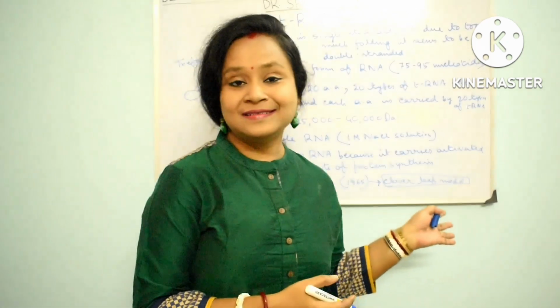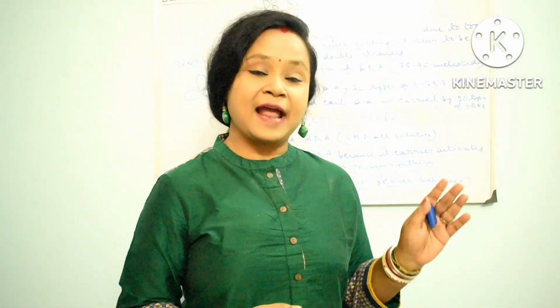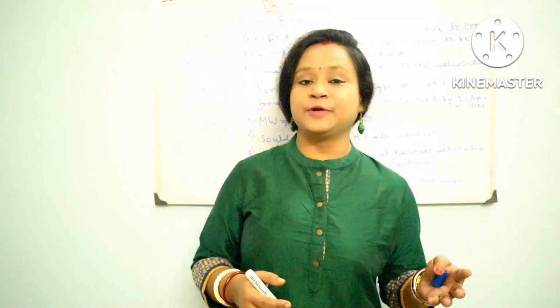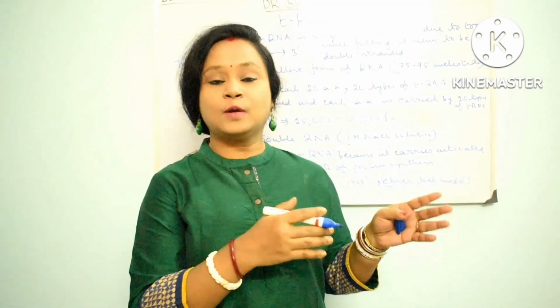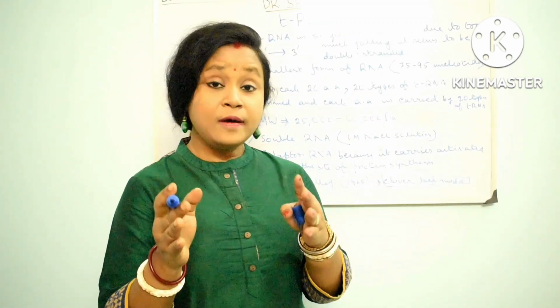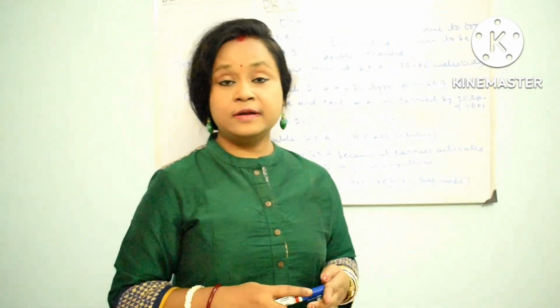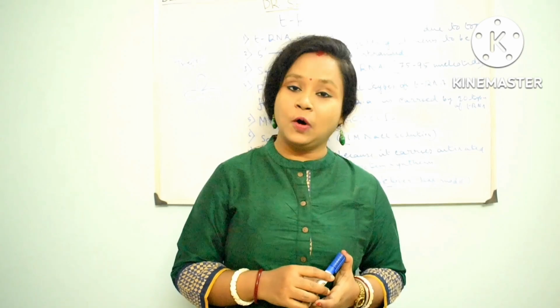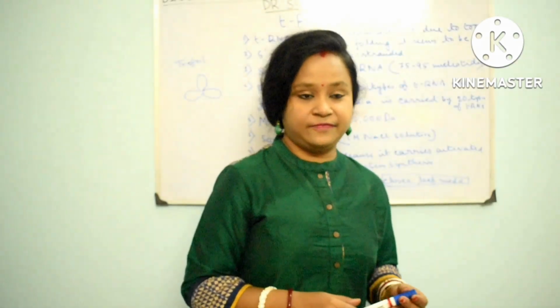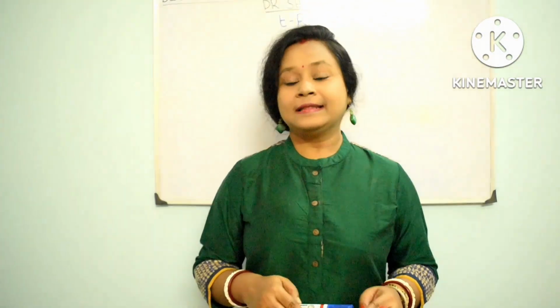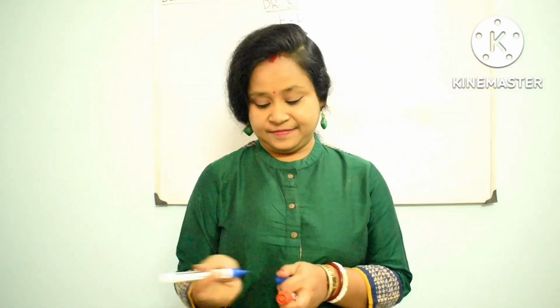Now let's draw the tRNA structure and it will be clear to you why it is called the clover leaf model. Now let's have a look at the tRNA structure given by scientist Robert Holley in 1965. Now let's draw the tRNA structure.